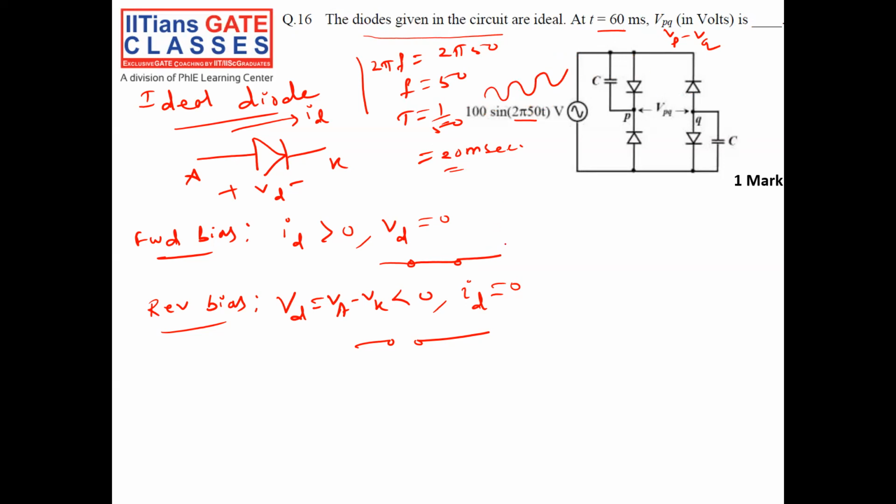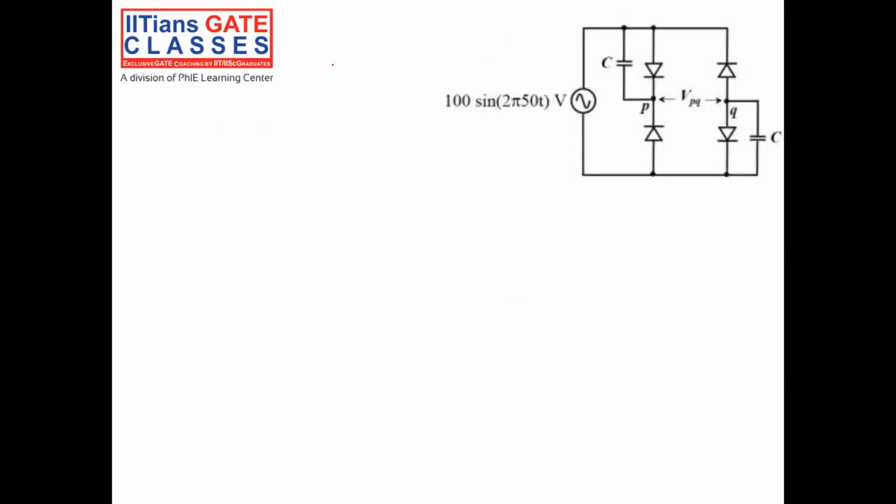Let us solve the question. First, during the first positive cycle, from 0 to T by 2, this voltage will be 100. Here it will be 0 and 100 volt, and this side is 0 volt.